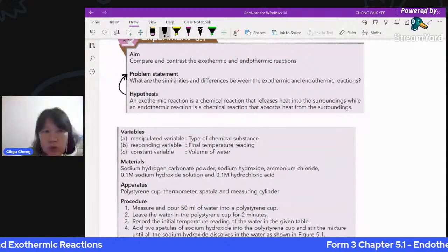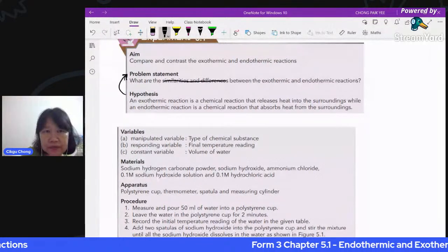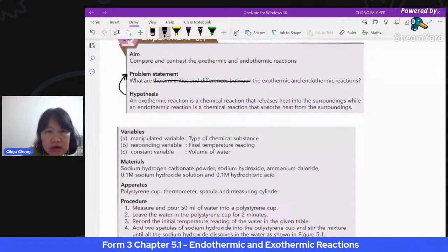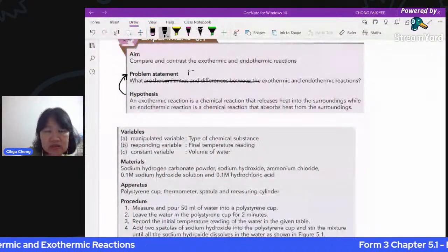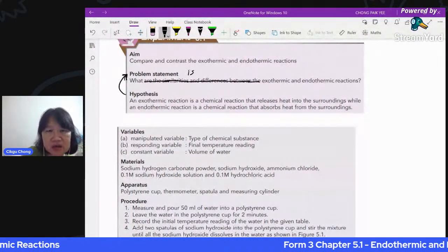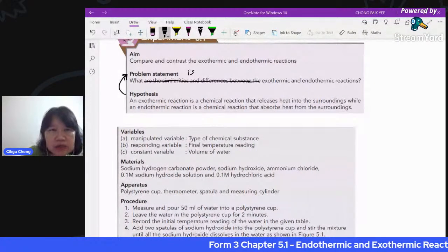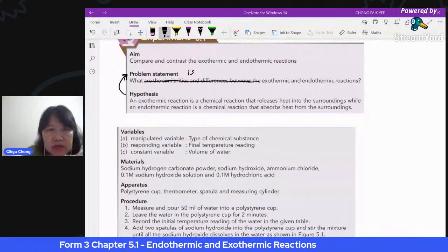Okay, what are endothermic and exothermic? What is the definition? Okay, what is the definition? What is the meaning of endothermic and exothermic reaction?